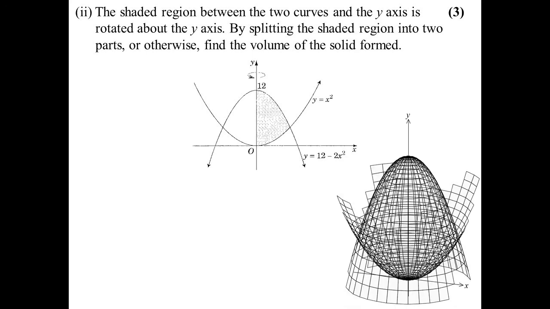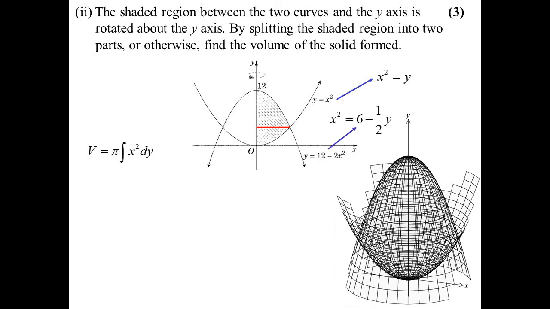So there's our shape. There's the wire basket of it. Cool, it's an Easter egg. Maybe a bit sharp at the sides for an Easter egg, but you can think of it like an Easter egg. We're going around the y-axis. So x squared dy. We're going to split it there. So I need to make x squared the subject here. So x squared is y. That one was easy.